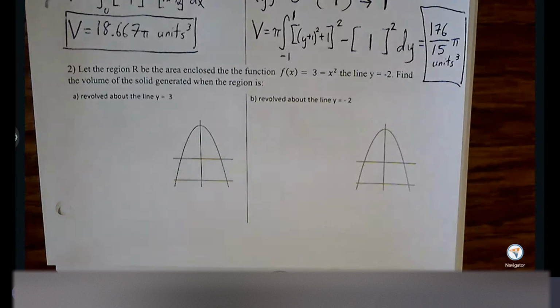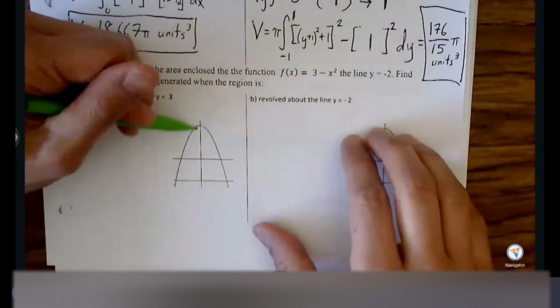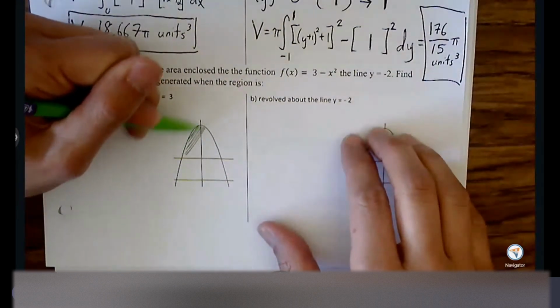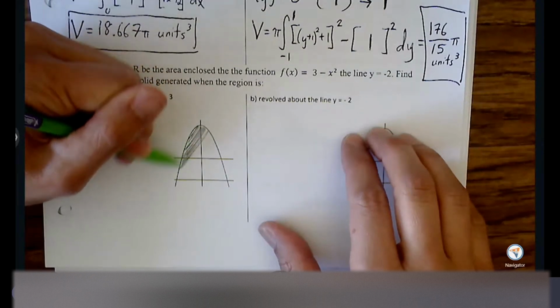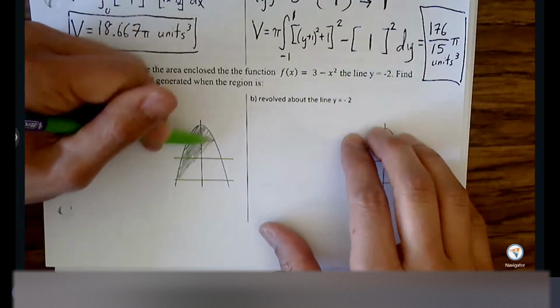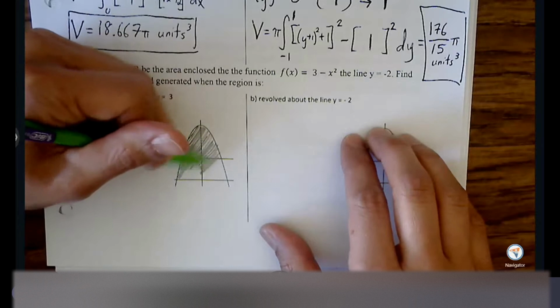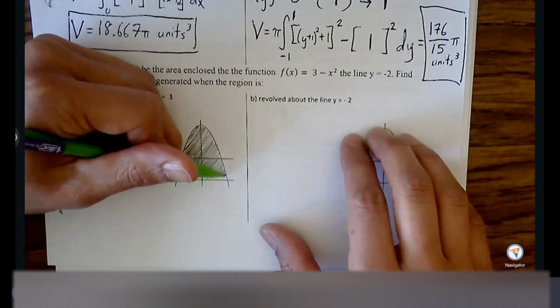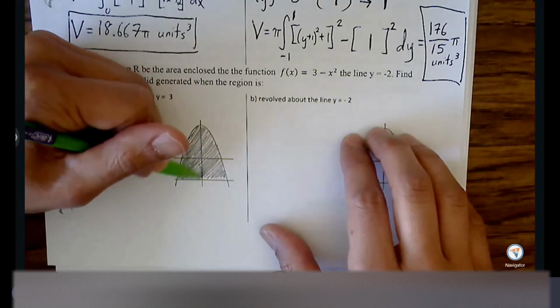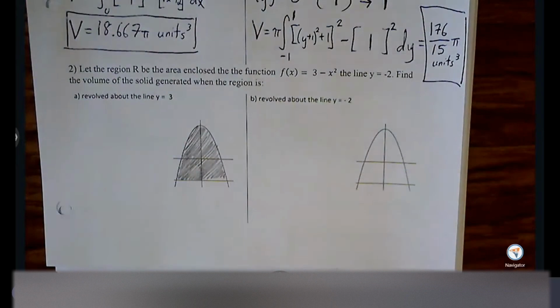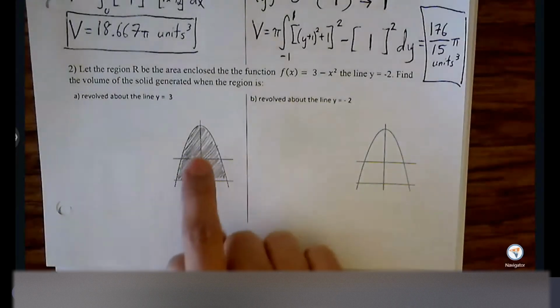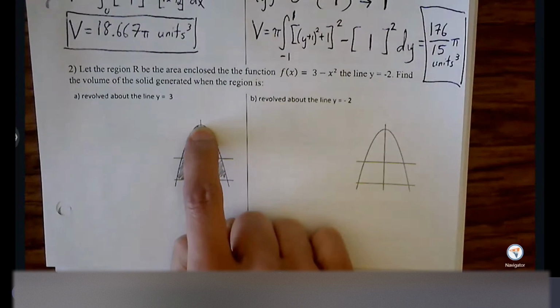I'm going to just go ahead and shade this in to make it easier for us to see what boundaries we're dealing with, because the X and Y axis, the origin is not part of our boundary here. We're going to revolve this shaded region around the line y equals 3, and it looks like it's just going to skim the surface of the vertex of my parabola.